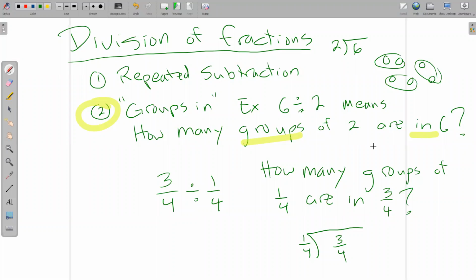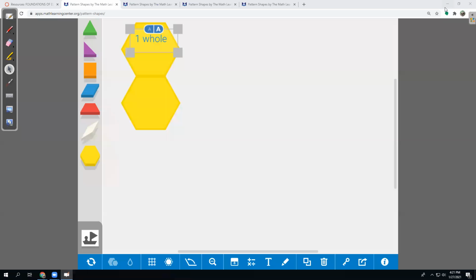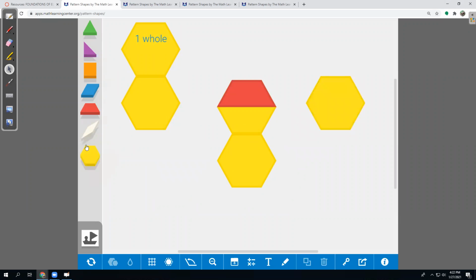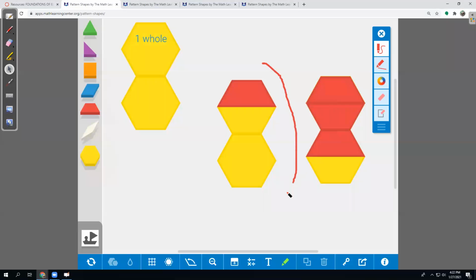So I'm going to do that in my pattern block page. So next I'm going to draw a 4th. So there's 1/4. And then next to it, I'm going to draw 3/4. Up a touch. Okay. And then I'm just going to draw that long division symbol here.